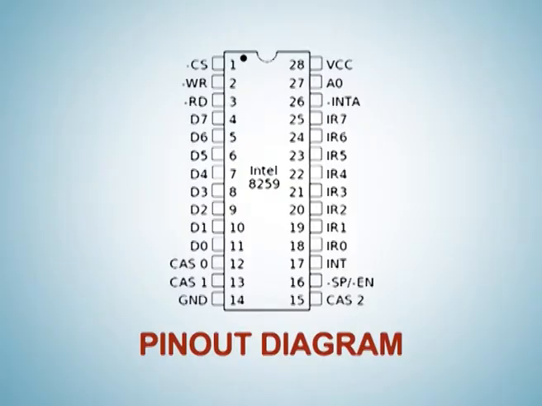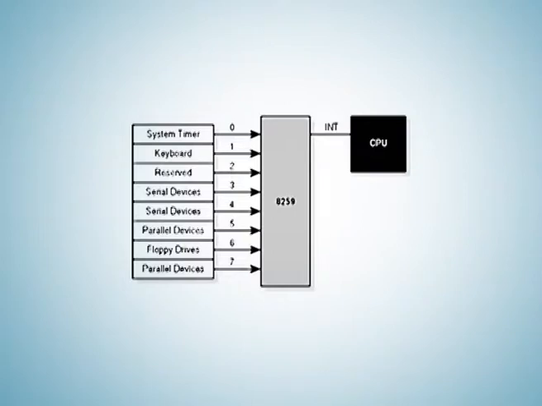Therefore, to allow the multiple devices with different priorities to interrupt the CPU, an external hardware called interrupt arbiter is used. The 8259 interrupt controller is one of the integrated circuit chip which receives interrupt from the multiple external devices, resolves priority and conflicts, and generates a single interrupt signal to the CPU through the INTR pin.